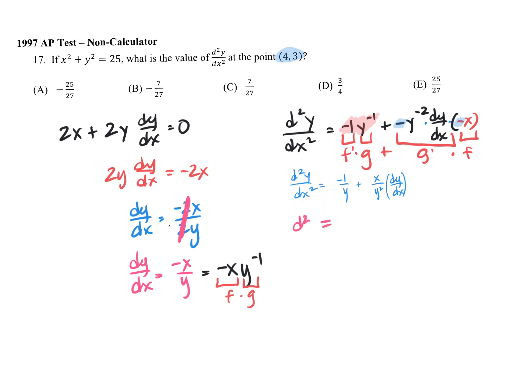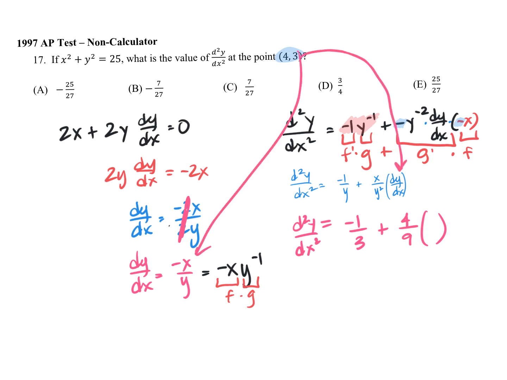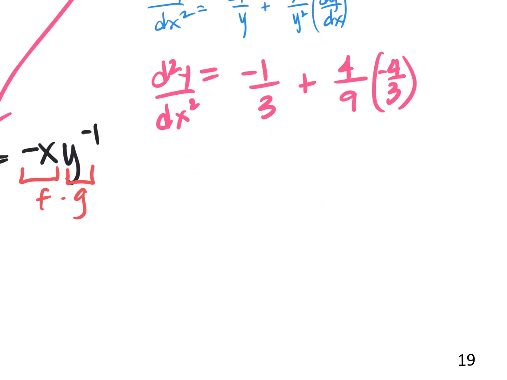What is my y? Wouldn't that be negative 1 over 3 then, plus what's my x? 4 over 9, yeah, 3 squared is 9. And then what are we plugging in for dy/dx? Negative 4 thirds. Beautiful.